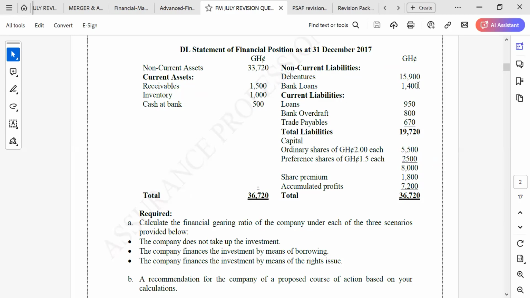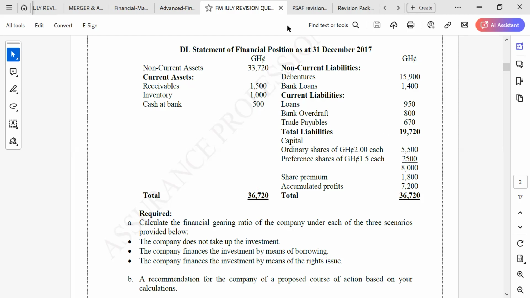So we add it. Our capital employed is just the total assets minus total current liabilities, which is the same as adding your shareholders' funds, which will be your ordinary shares, plus your share premium, plus your accumulated profits, then plus your total long-term debt. That will give you the same answer as total assets minus total current liabilities.